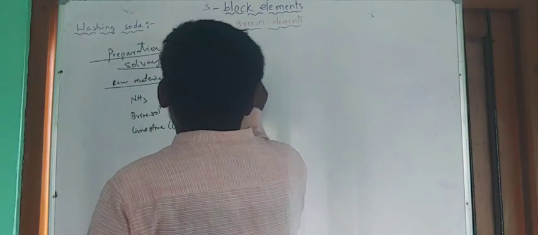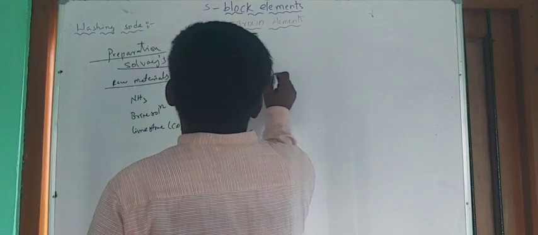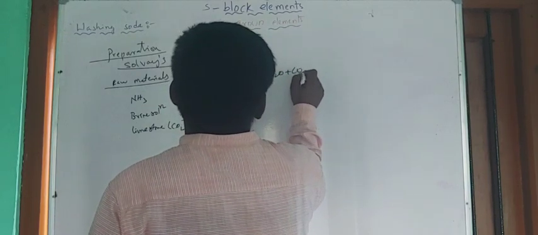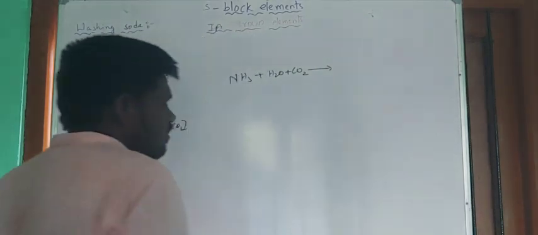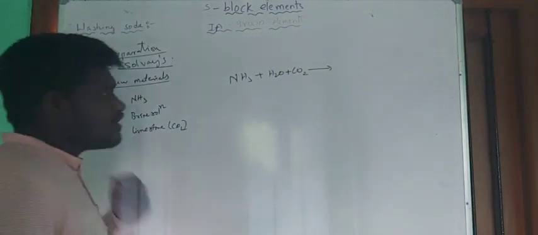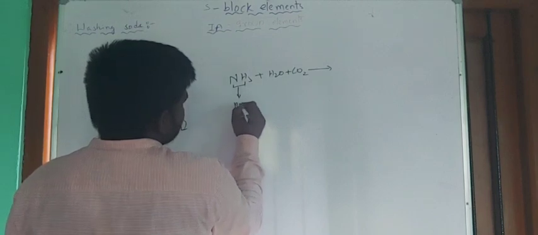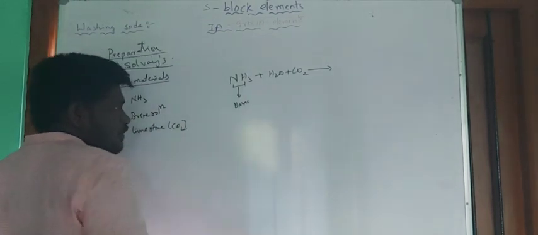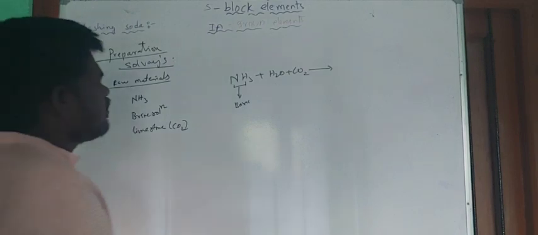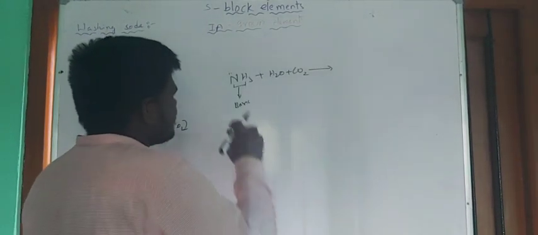Now this NH3, if it is treated with water and carbon dioxide, then we can get a salt, because you know that NH3 is basic in nature, a Lewis base, of course with a lone pair present.